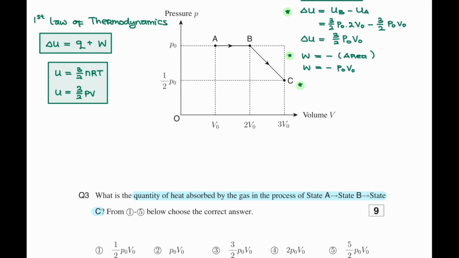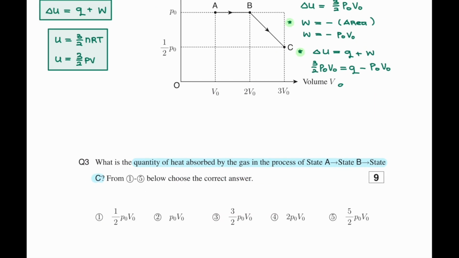So now I want to calculate the Q. My change in internal energy is 3 over 2 PO VO equals Q, this is the quantity that I want to find, plus W, my W is negative PO VO. That means Q equals 3 over 2 plus 1, I got 5 over 2 PO VO. This is only for state A to state B.